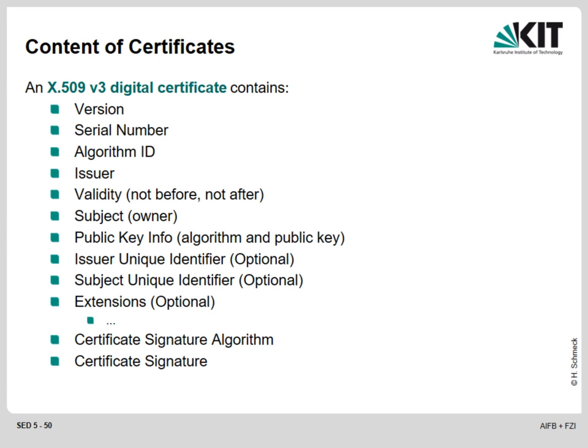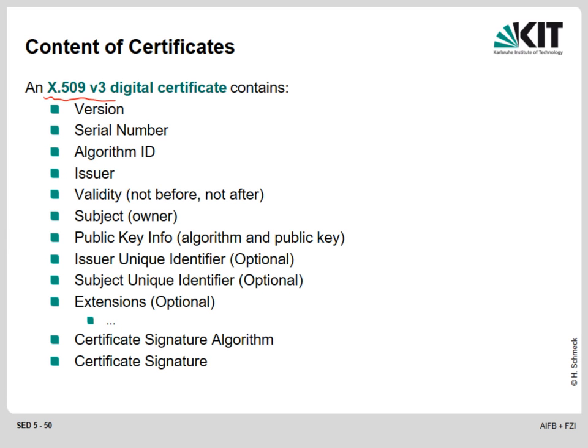Now, the certificate. I said we need certificates on public keys. Such a certificate has a certain content, a certain structure. The standard certificates that we have are so-called X.509 certificates.